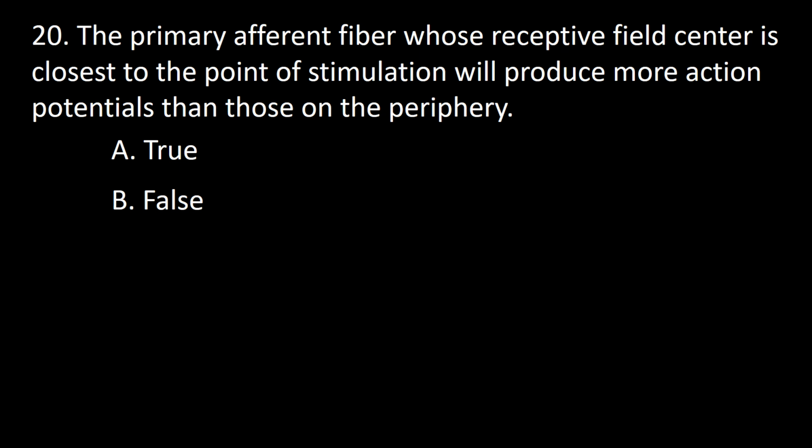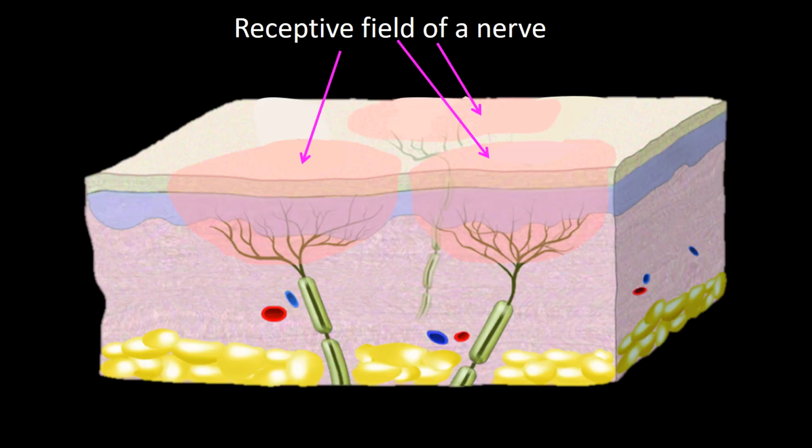Next question. The primary afferent fibers whose receptive field center is closest to the point of stimulation will produce more action potentials than those on the periphery. A true, B false. The receptive field of a nerve is the area it innervates, in the case of the skin, the surface area it innervates. But not all regions within a receptive area have the same density of nerve terminals.